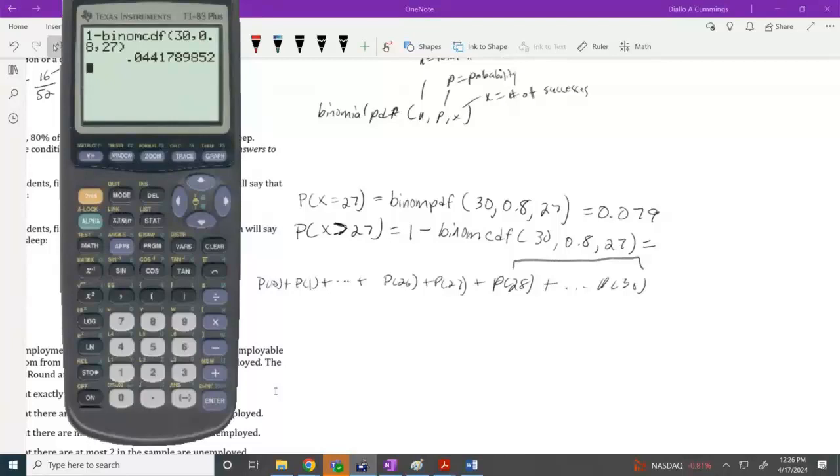All right, so that should be 0.442. Okay, yeah, 0.44. That's right. 2 decimal places.